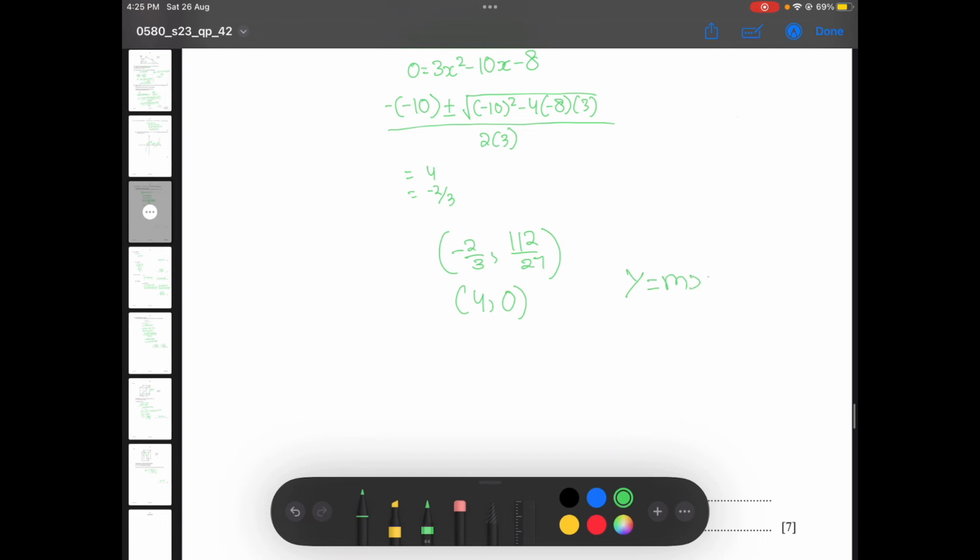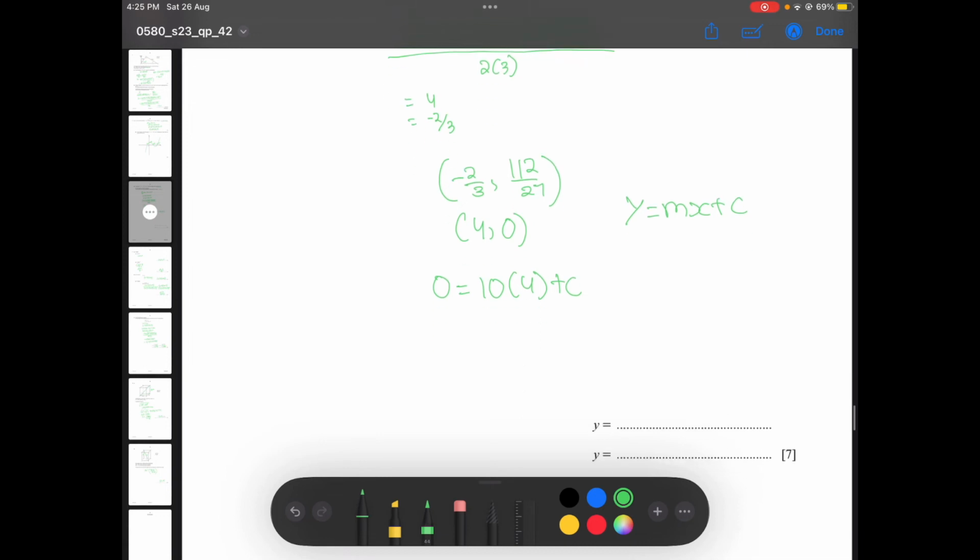So the two equations you have, you know the equation of y equals mx plus c, and m is going to be 10 here, so 0 is 10 times 4 plus c. Since 10 into 4 is 40 and we want 0, c is going to be negative 40. Hence one of the equations is y equals 10x minus 40. And another equation is that 112 over 27 equals 10 times negative 2 by 3 plus c.